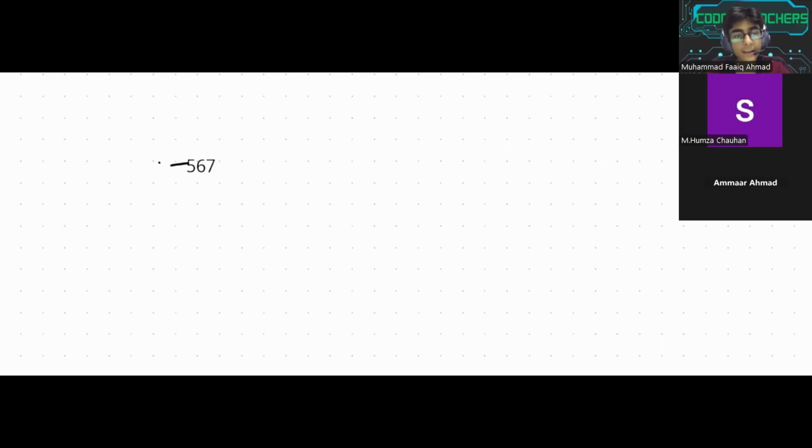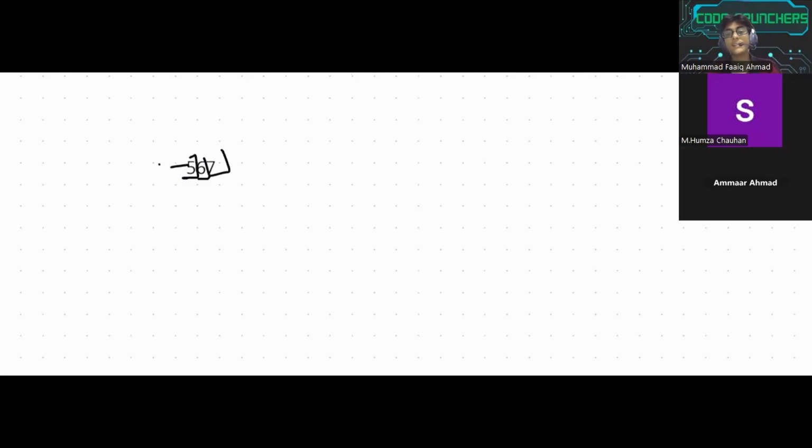I have to separate the 5, the 6, and the 7, and then print all of them in different lines, using the println statement, because it prints in different lines. So this is what chopping is all about.